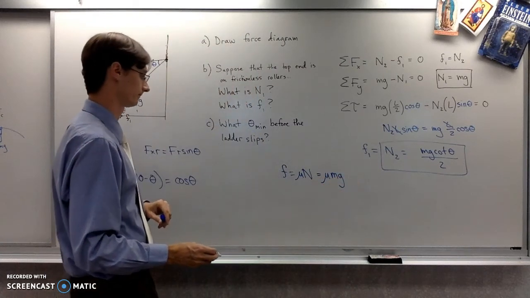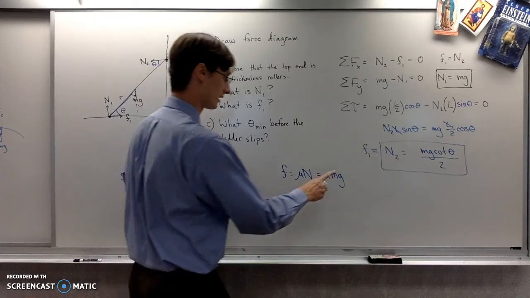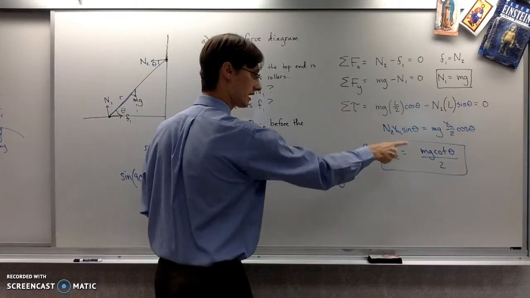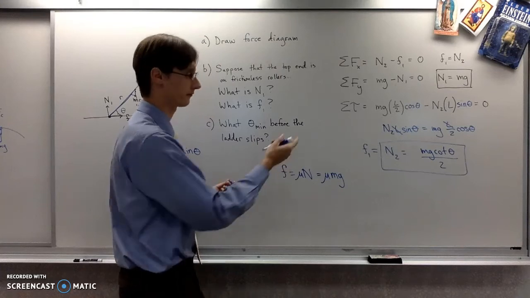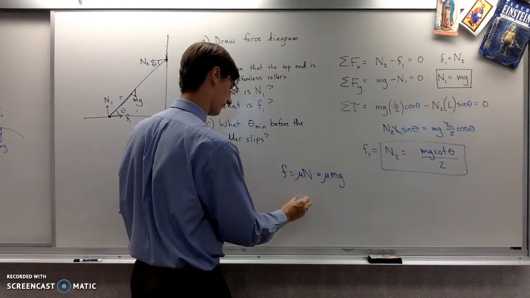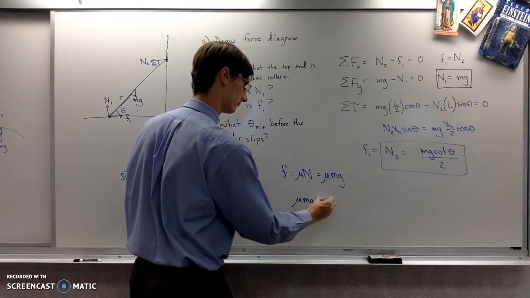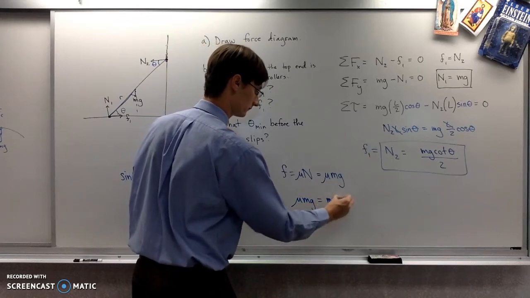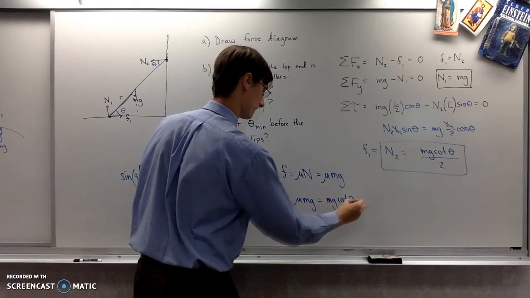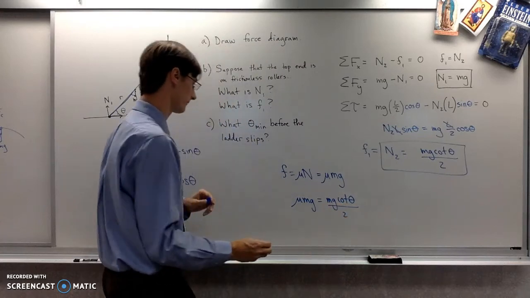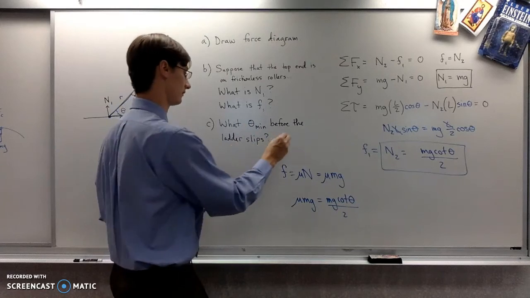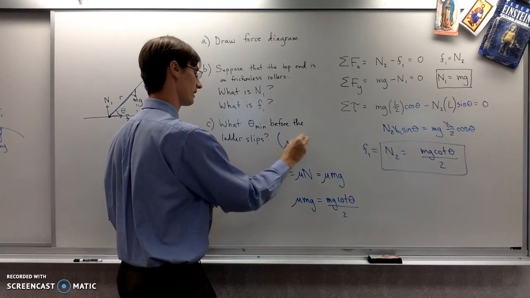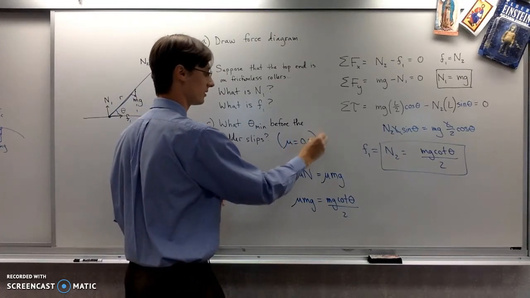Then we can set that equal to our friction force that we got from the previous question. I'm sorry, there's a number you needed here. Let's say mu is 0.5.